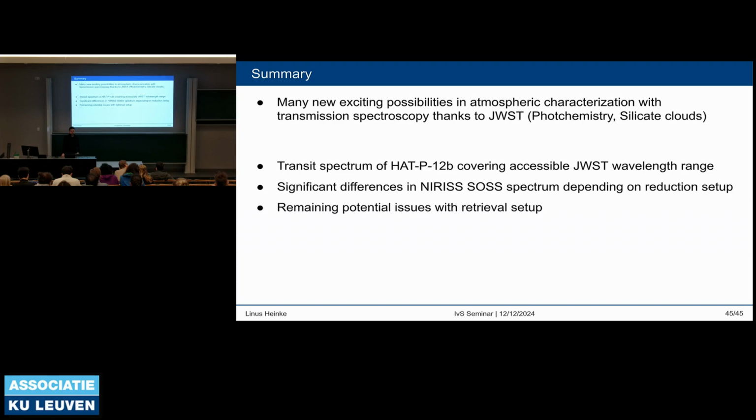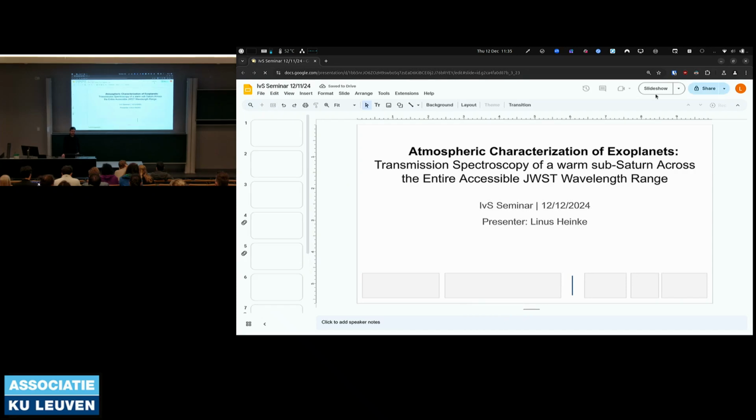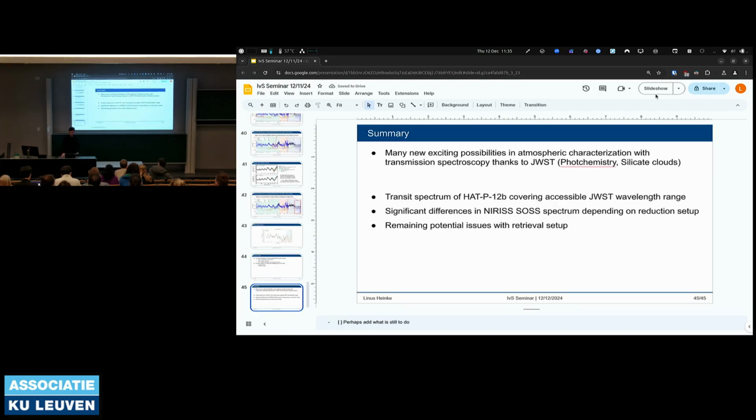So that would be more something that you would try to figure out via modeling, right? You try to figure out what kind of clouds could form, what kind of clouds we would expect there. One simple way would be to look at the temperature profile that you would expect, what kind of cloud species could condense at the temperatures that we see, and then say it's likely one of these. But figuring out if it's actually one of these isn't trivial necessarily.